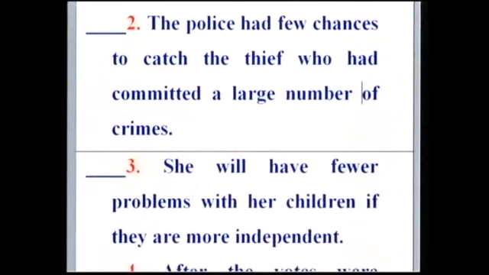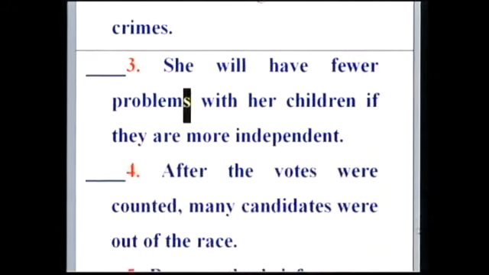طيب. She will have fewer problems with her children if they are more independent. Problems بتتعد يبقى عندي fewer for countables and I have problems. It's a countable word. طيب.